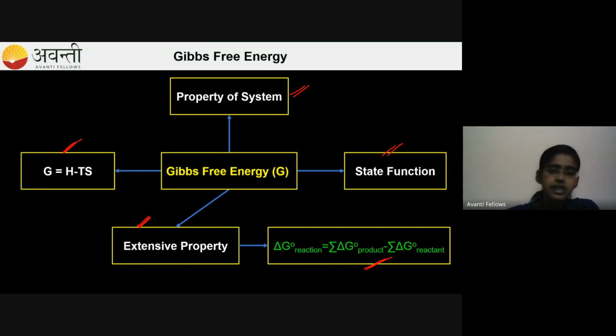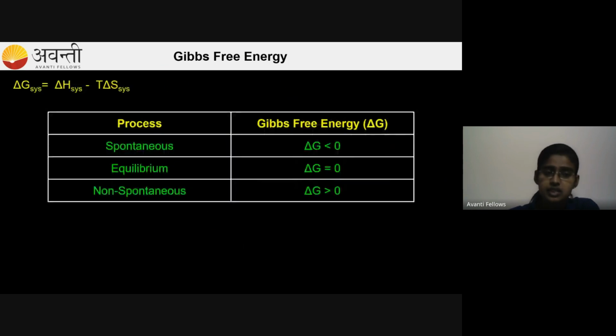Now, G cannot be measured. Only delta G can be measured. So delta G is equal to delta H minus T delta S. Very important formula: delta G is equal to delta H minus T delta S. And for a spontaneous process, delta G will always be less than 0, which means it is always negative.